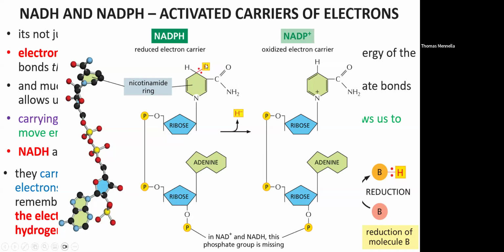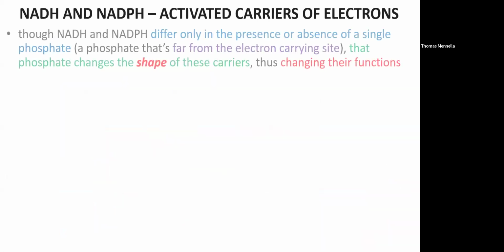And it's here on the nicotinamide ring where we have the actual oxidation reduction. This is the reduced form. I know that because we've got an extra electron and we've got an extra proton. And this is the oxidized form where we see those electrons and that proton is gone. So oxidized, empty, no extra energy; reduced, carrying electrons. And if it's carrying electrons, it's carrying potential energy. It's the activated carrier.